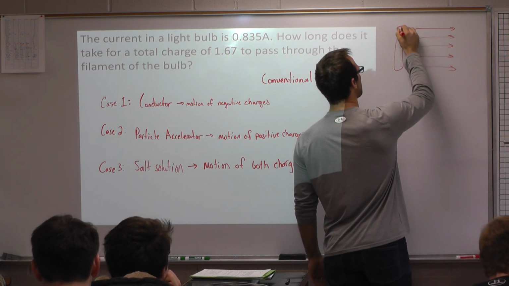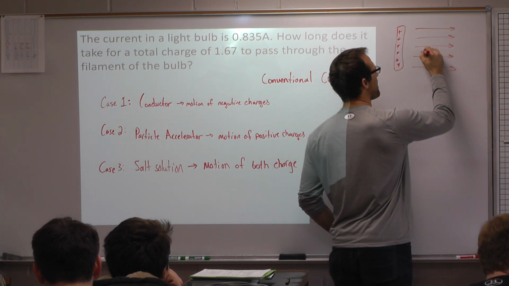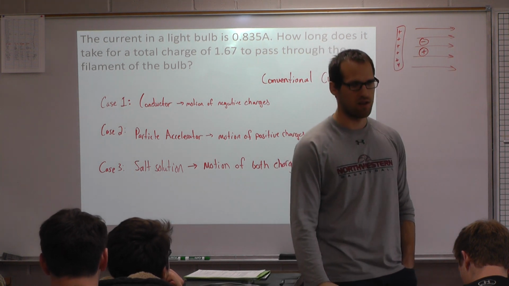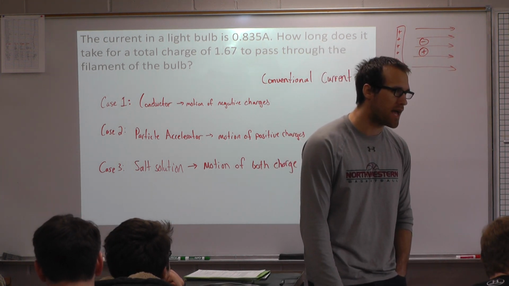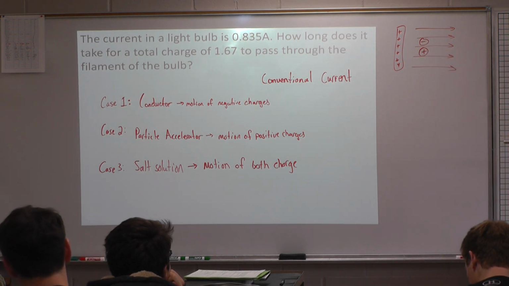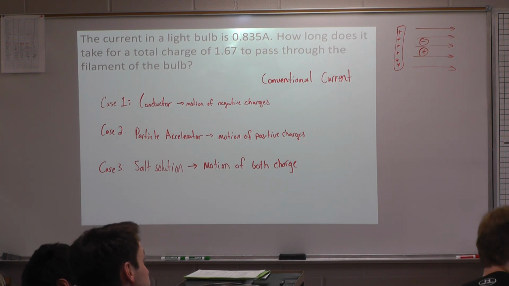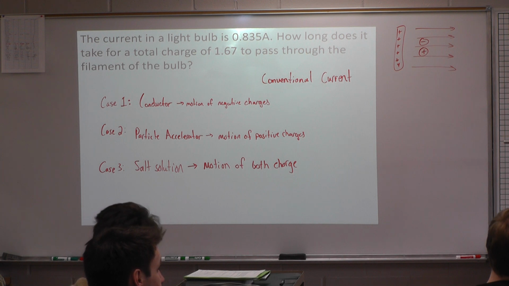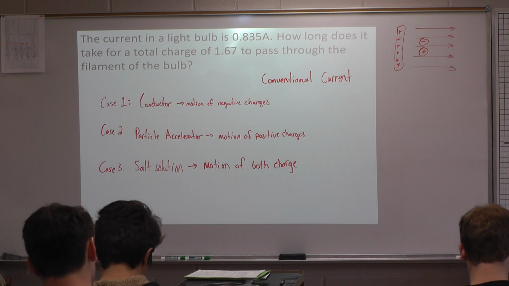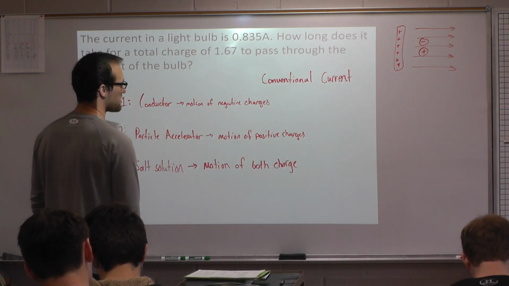If I have a positive here and a negative here, are they going to move the same direction? No. So how can we apply direction to a particular charged particle? They arbitrarily choose a standard. They say conventional current is specifically the flow of positive charges.